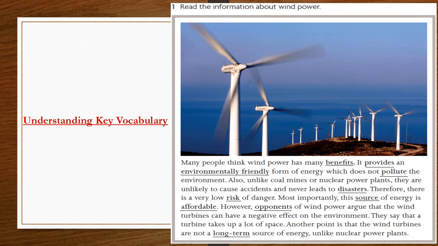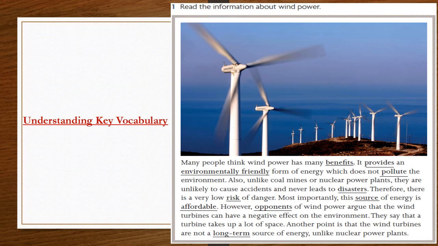Many people think wind power has many benefits. It provides an environmentally friendly form of energy which does not pollute the environment. Also, unlike coal mines or nuclear power plants, they are unlikely to cause accidents and never lead to disasters. Therefore, there is a very low risk of danger.